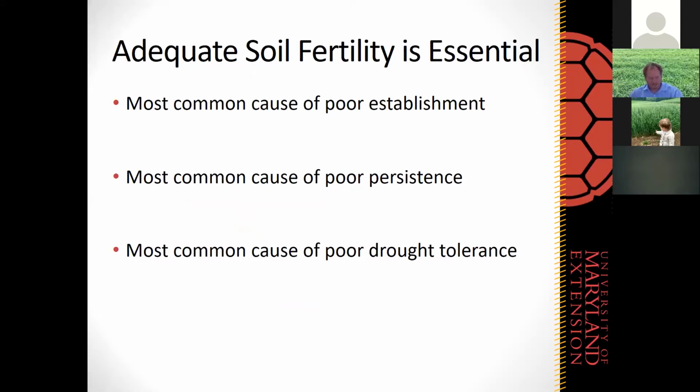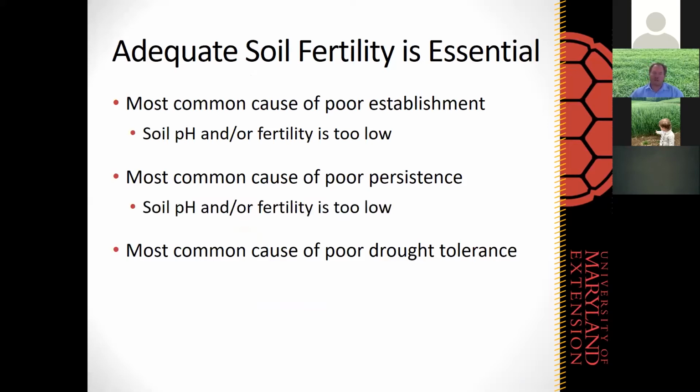So just to recap, a couple years ago, we heard from Dr. Dennis Hancock, who was then at the University of Georgia, and he said this. The most common cause of poor establishment is soil pH and/or fertility that's too low. The most common cause of poor persistence is also low pH or low soil fertility.